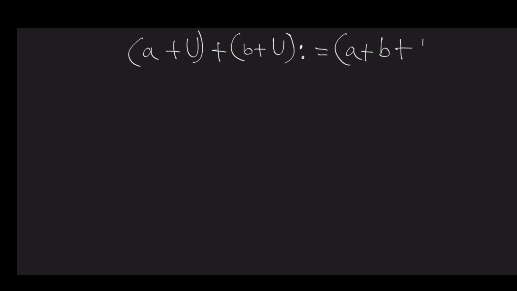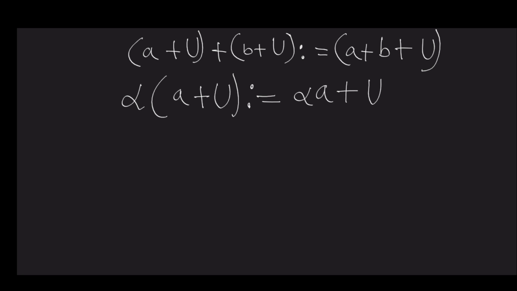So let us take two vectors and define their linear operation like this. Right, these are the definitions.